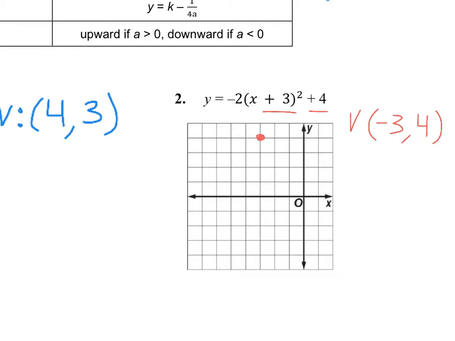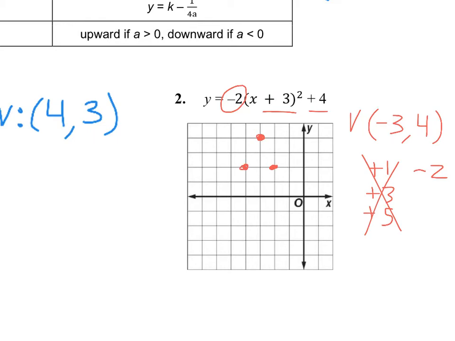Okay, in this problem, the a value is negative 2. So instead of going up 1, up 3, up 5, and so on, we're going to multiply all of those by negative 2. The first movement would be down 2. Let's do that now. I go down 2 and to the right 1, down 2 and to the left 1 from the vertex.